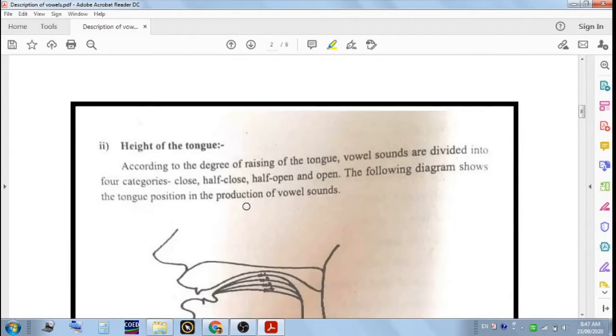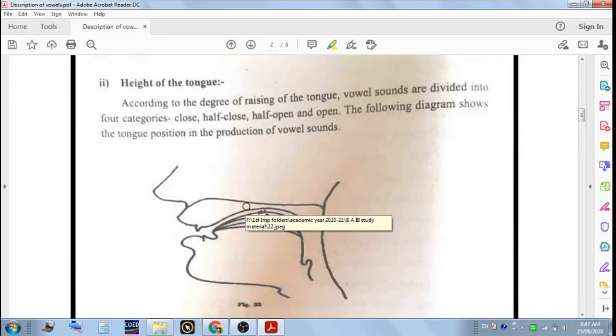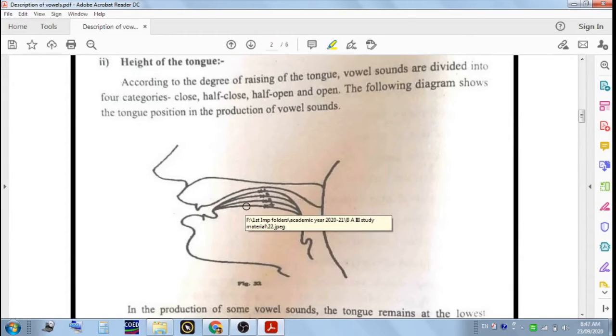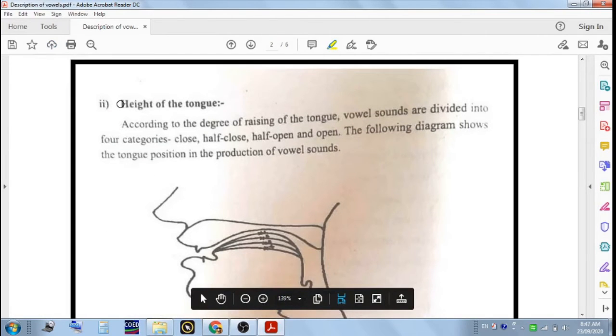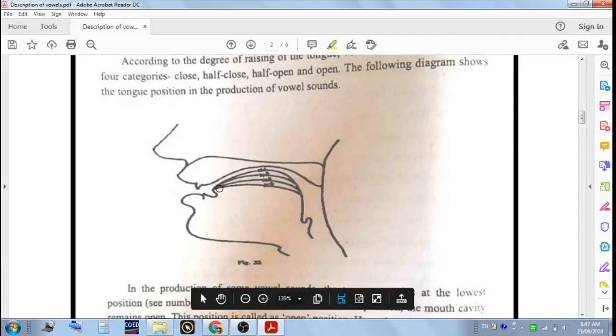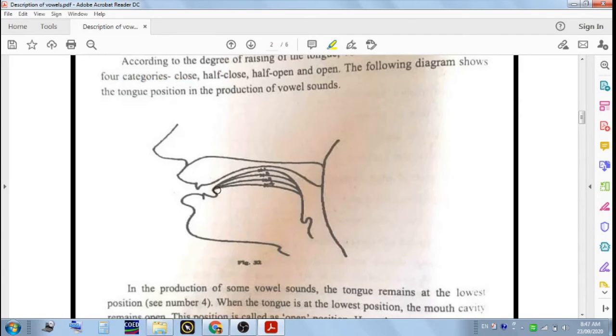So let's try to understand how different parts of the tongue are used. Now you see the height of the tongue here in this figure. So you see that this tongue is raised towards the palate. This is palate.